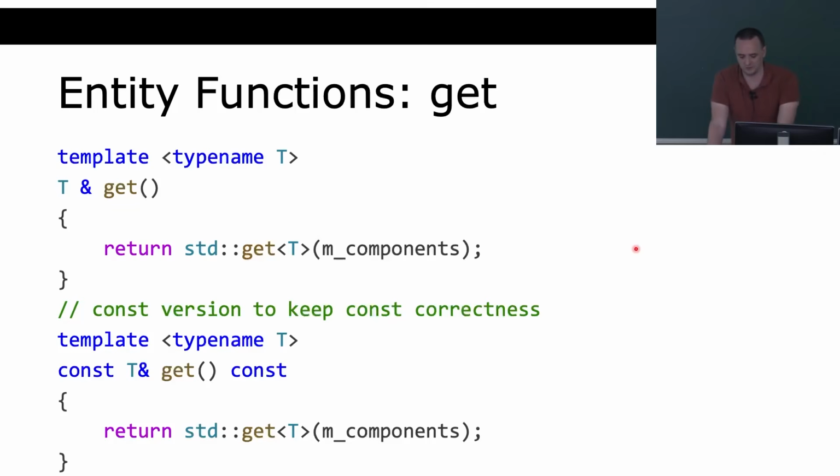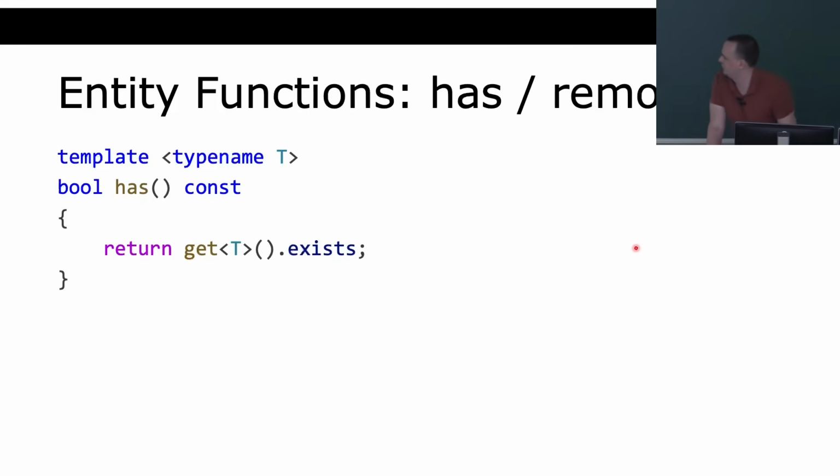I've got to speed up a little bit because I've been waxing a little too long on this. Here's the one bad thing about the tuple architecture, is that we do need to have this exists variable, okay? So that extra variable to see if it's actually been created, we do need to have that. But we abstract that away by having this has function. So we get the thing and then check if it exists.